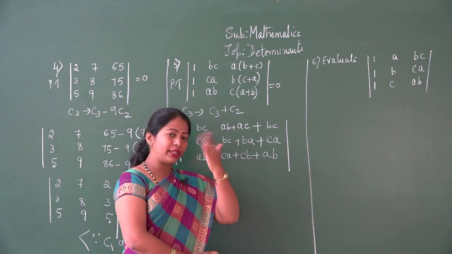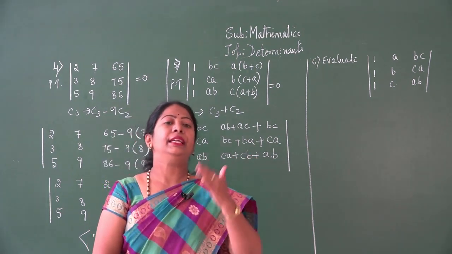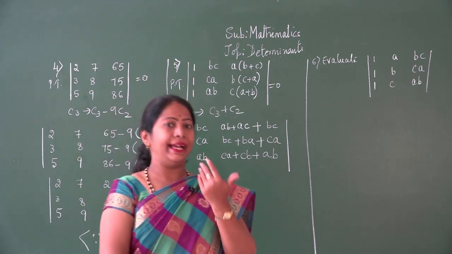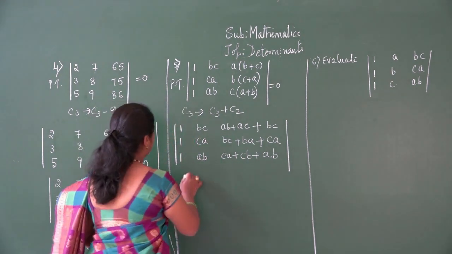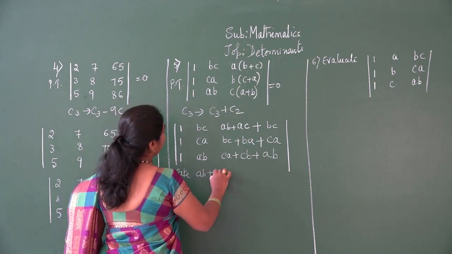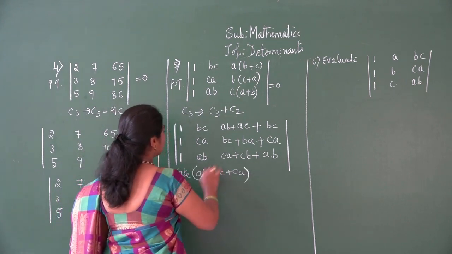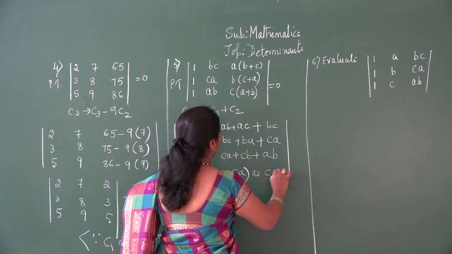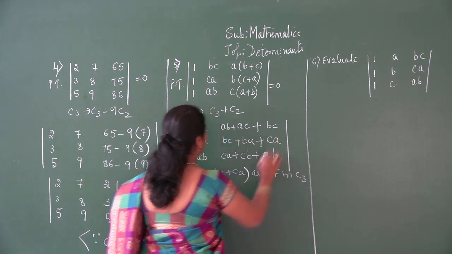So I can take what as common factor from column 3? AB plus BC plus CA as common factor. So take AB plus BC plus CA as common factor in column number 3.